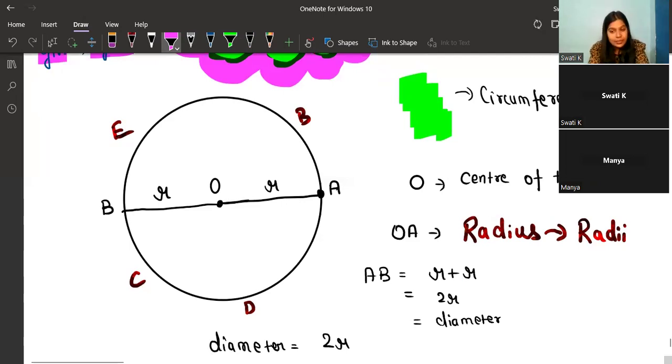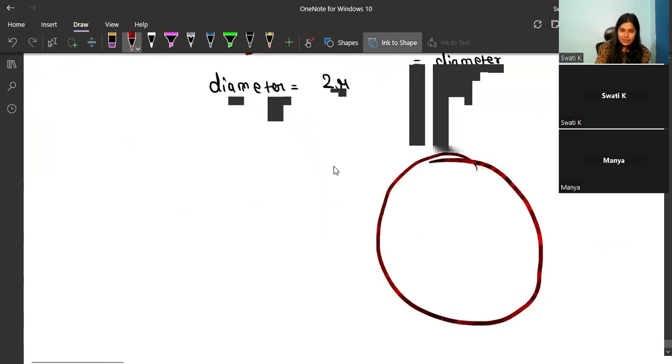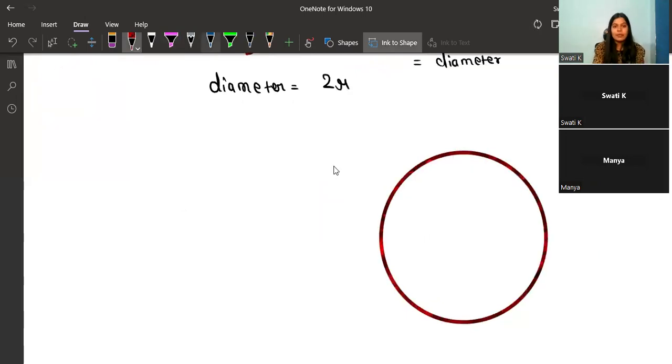Okay. Now let me tell you that these are some basic information that we covered. In a circle, Manya, you have so many basic things to learn. First we will understand those things, and then we will start with the questions. So there are terms like center of the circle, clear. Radius of the circle, clear. Radii, clear. Diameter, clear. Circumference, clear.